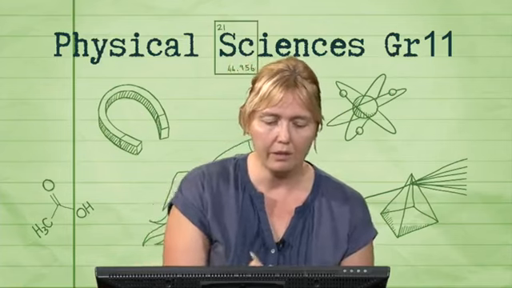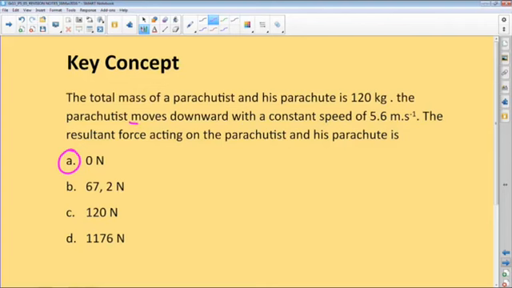It tells us that the parachutist moves downward. So we have a direction. It's got a constant speed of 5.6 meters per second. So let's just quickly make a note of a few things. Number one, speed is actually scalar. So you should be saying, but we need to be talking about a vector here. This is where the wording of a question comes in.